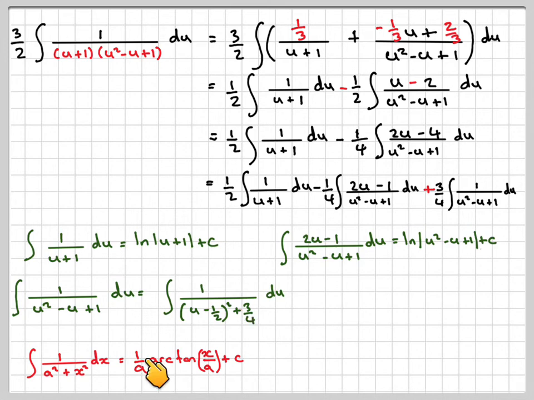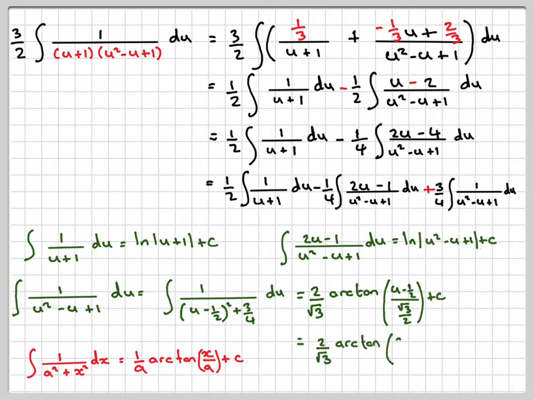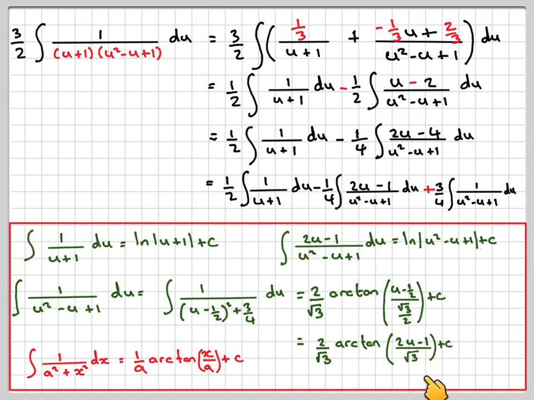So this will be 1 over root 3 over 2, which is 2 over root 3. Arc tan of u minus a half over the square root of this, which is root 3 over 2, plus c. Then if we take this 2 up here, we're going to get 2u minus 1 because the 2 cancelled. So we get 2 over root 3 arc tan of 2u minus 1 over root 3 plus c.